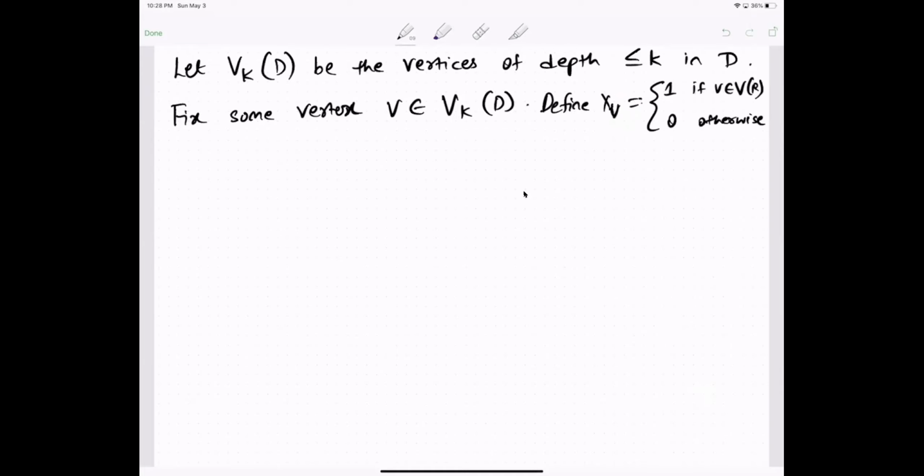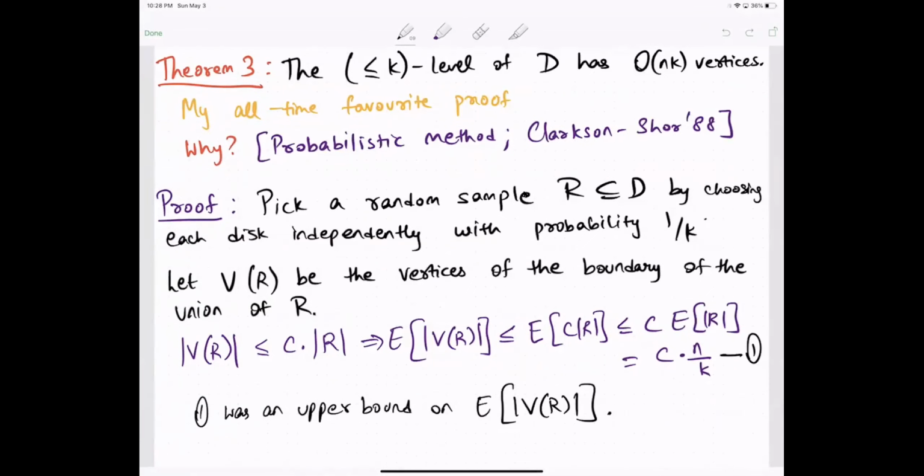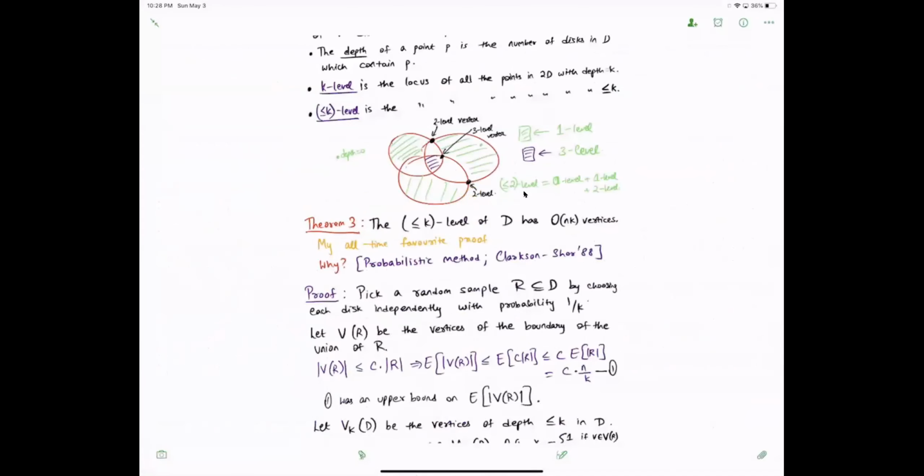We're defining a random variable x_v, fixing some vertex v in our V_{≤k}, and defining an indicator random variable corresponding to it, which will be set to 1 if this vertex v happens to be in V of R. V of R we have already defined. Let's look at it again if you want. V of R is the set of vertices which are on the boundary of the union of R in our random sample.